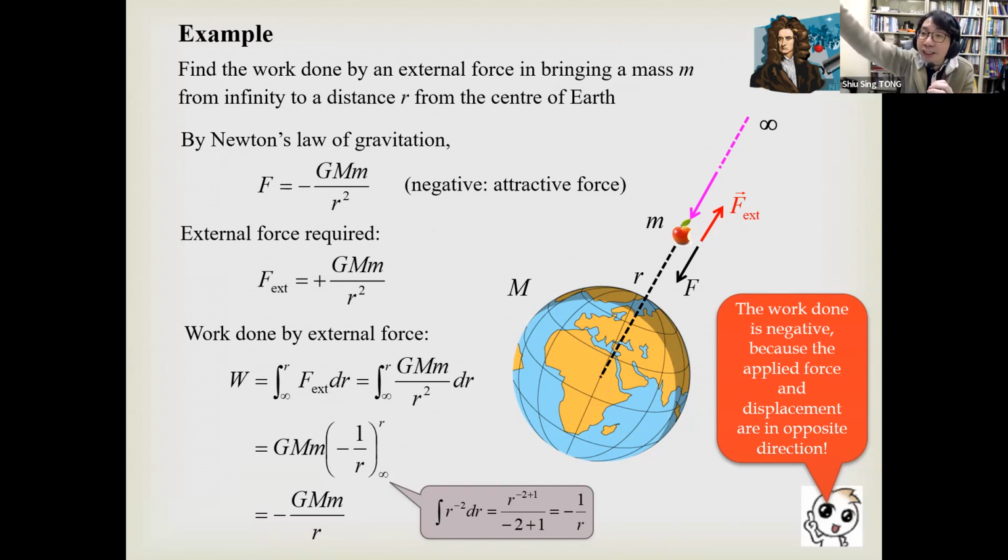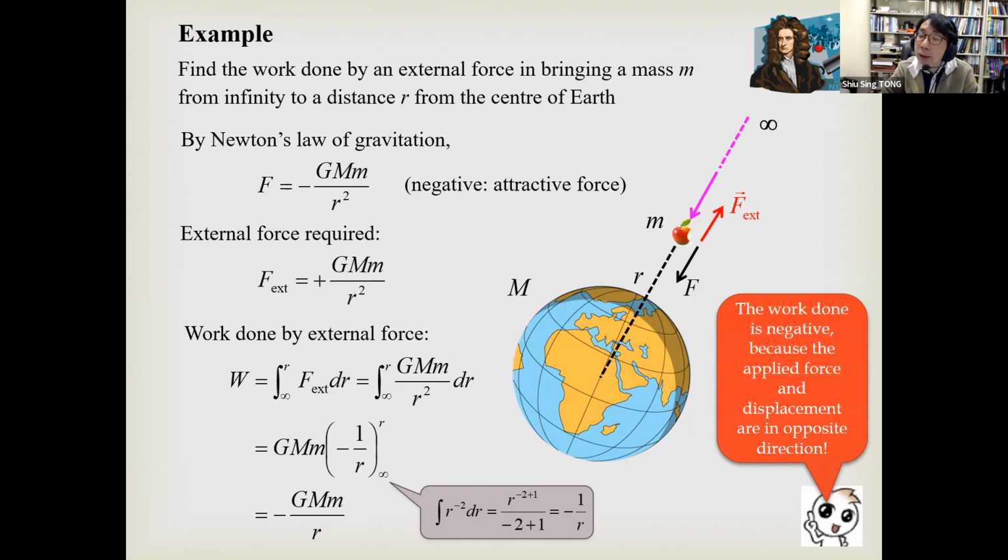It's towards the infinity. But now the Superman moves the apple slowly from infinity to the present position. So the displacement is towards the Earth center, while the force is outward, away from the Earth center. So the displacement and the applied force are in opposite directions.